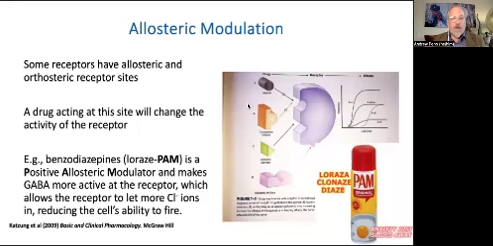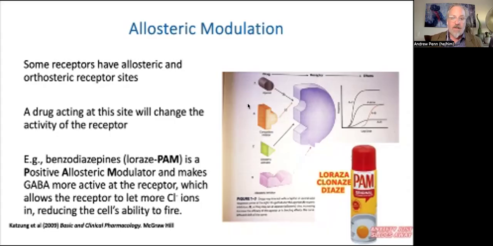I want to speak for a minute about allosteric modulation and orthosteric modulation. When we think about, say, a benzodiazepine, you'll notice many of them end with the letters PAM. It stands for positive allosteric modulator.